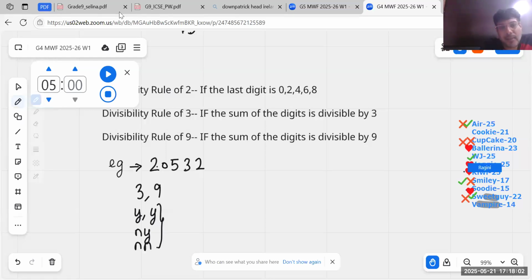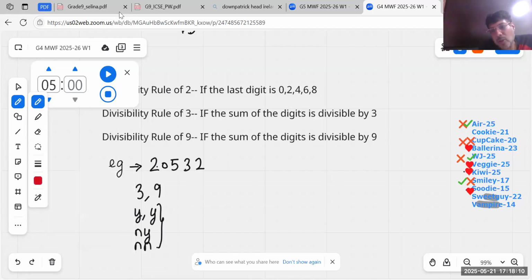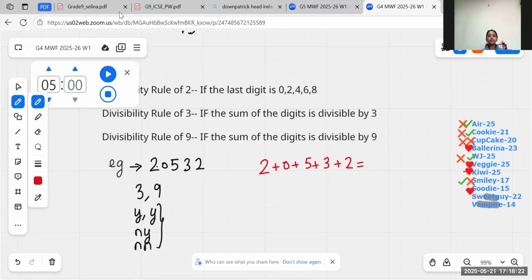So guys, we have to check divisibility by 3 and 9. So again, what I will do is the sum of the digits. So Kitten, 2 plus 0 plus 5 plus 3 plus 2. What is the total? 12. So is 12 divisible by 3? Yes or no? Yes.